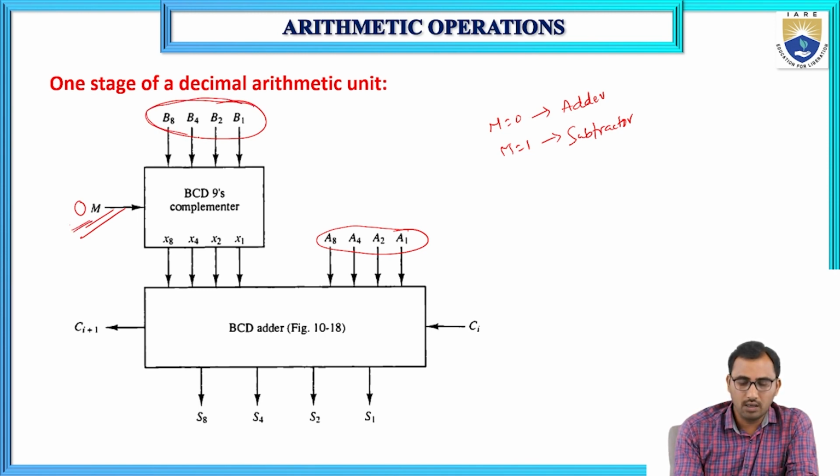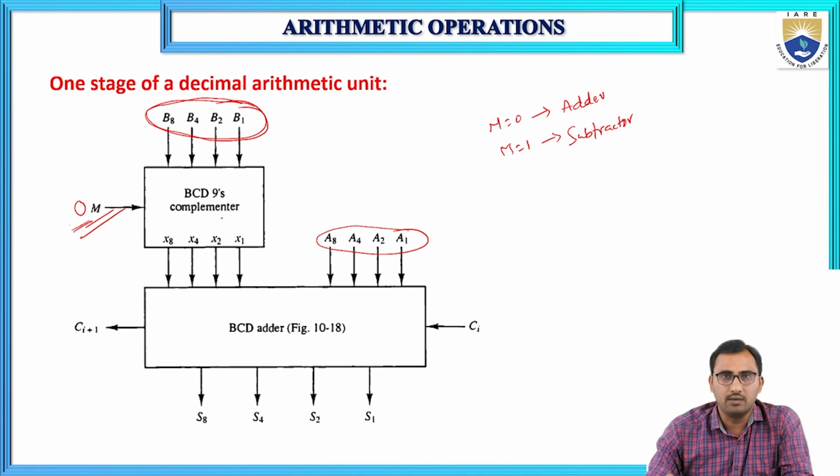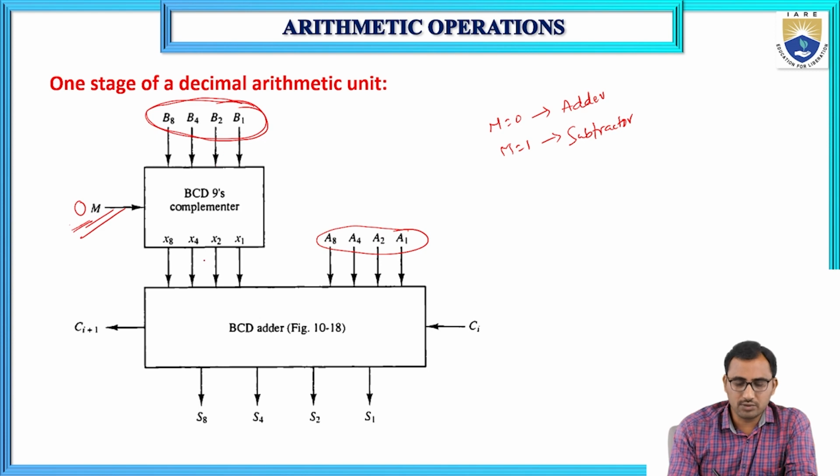So when m is equal to 0, whatever input is applied to the BCD 9's complementer, it doesn't perform any complement. Whatever the input is, it is bypassed and passes through to the output. The outputs are x1, x2, x4, x8, and the inputs are b1, b2, b4, b8.